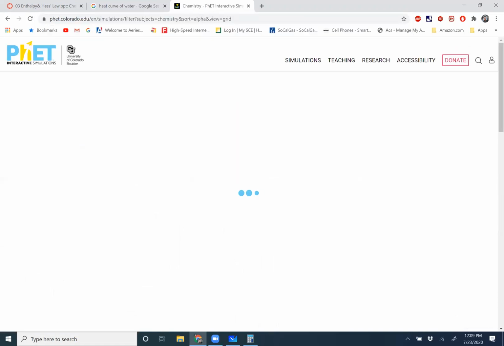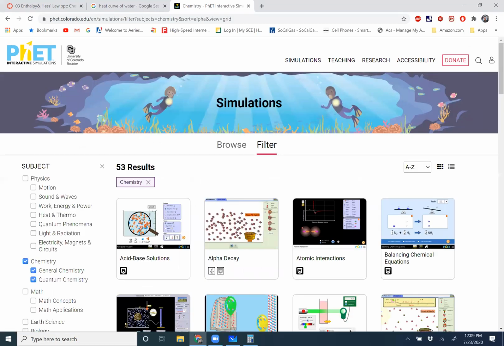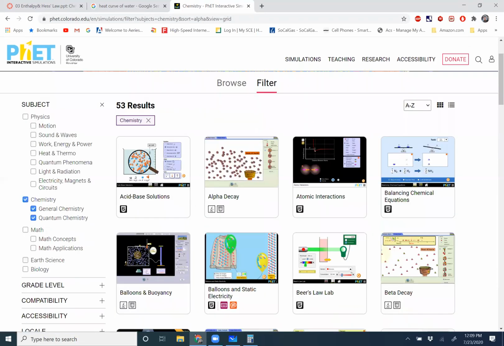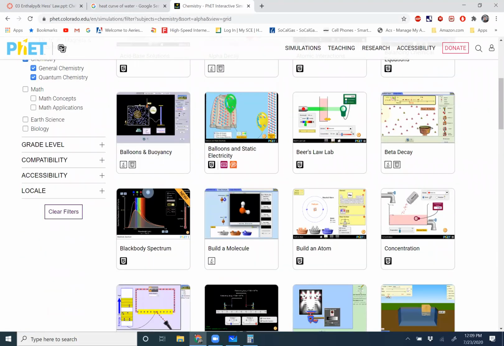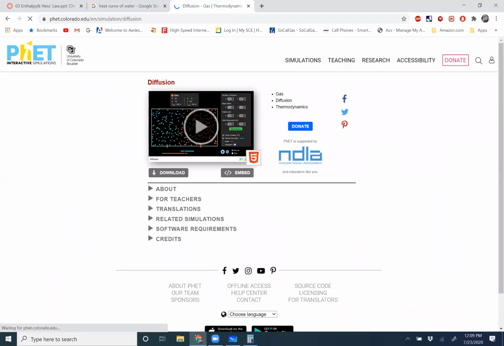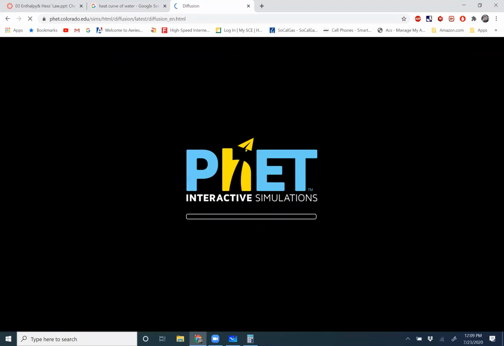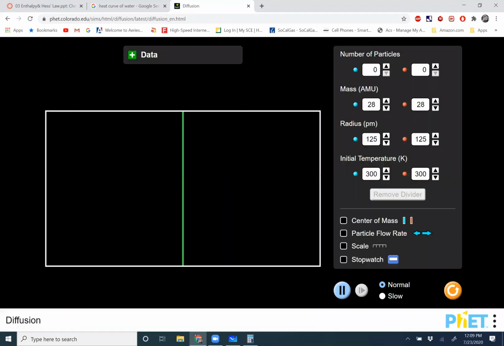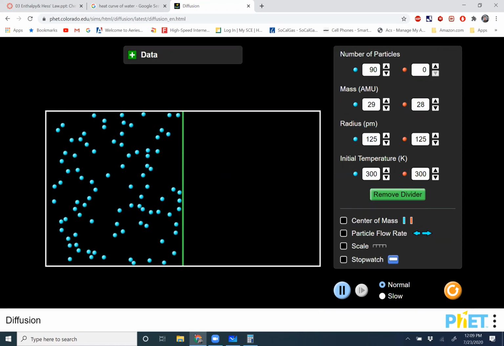So if you remember our gas simulations from PhET, when we added the different gases, the gases don't stay on the opposite sides of the chamber unless we make them stay apart.